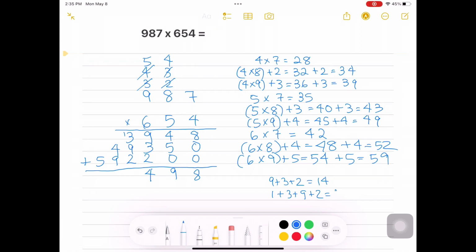Write down the 5, carry the 1, and we have 1 plus 4 plus 9, which equals 14. Write down the 4, carry the 1. 1 plus 5 equals 6. Add your comma. 645,498.